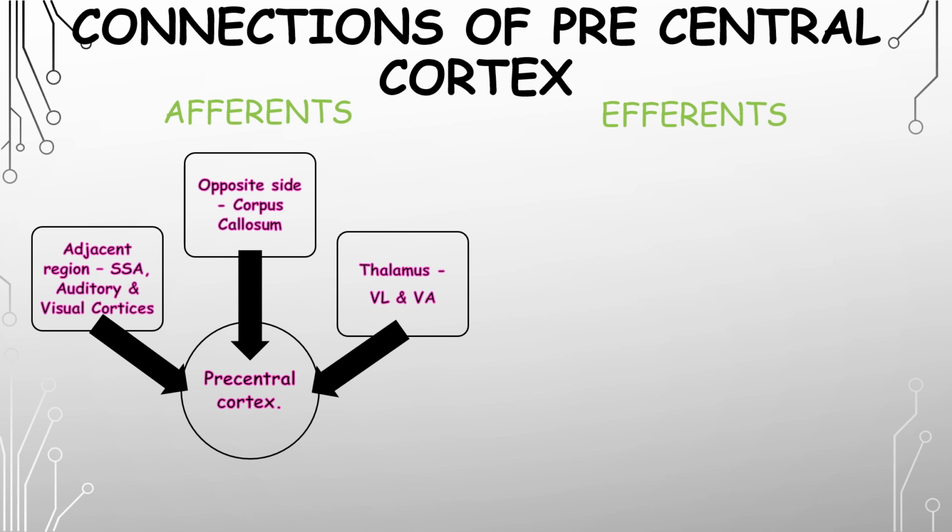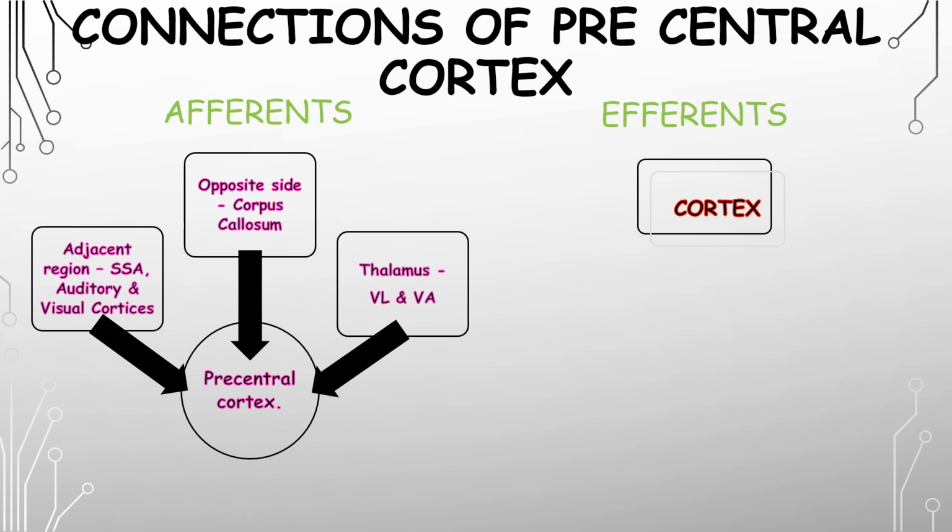The fibers cross through the corpus callosum and connect with the corresponding areas of the cortex in both hemispheres. And then from the thalamus, the ventrolateral and ventroanterior nuclei.